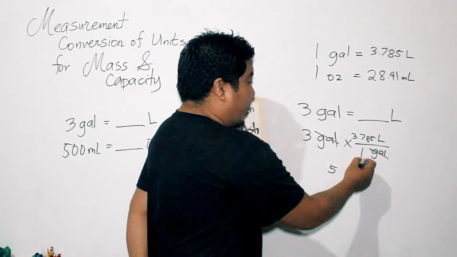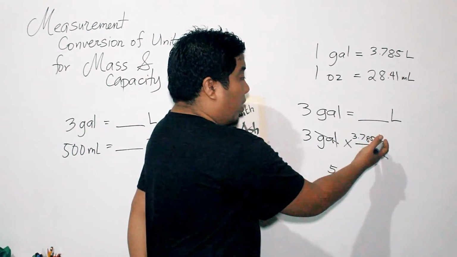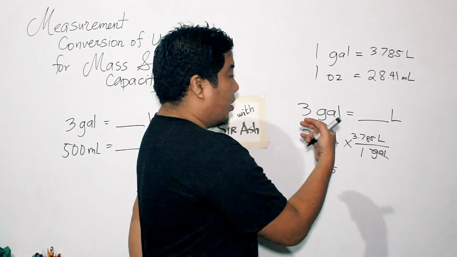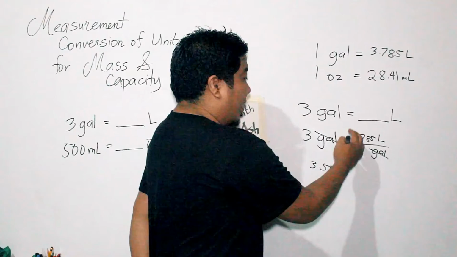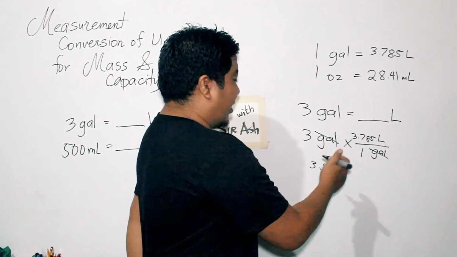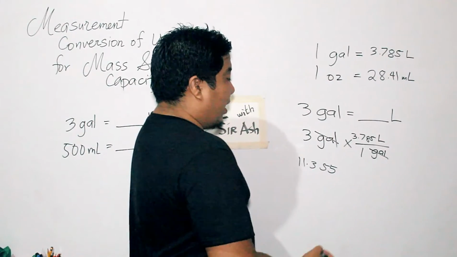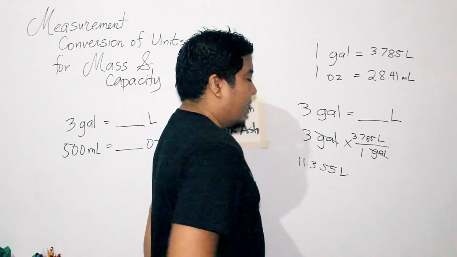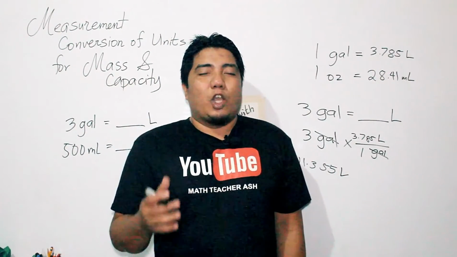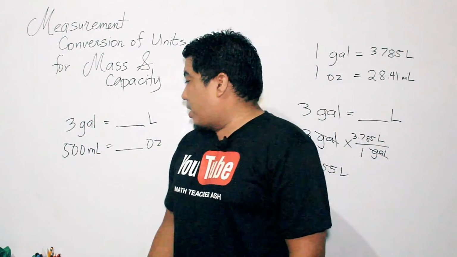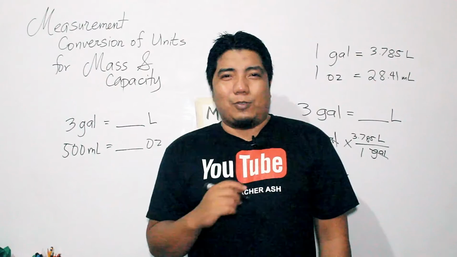That is 5, carry 1, 24, 25, carry 2, 21, 22, 23, carry 2 again, 9, 11. And that will give you 11.355 liters. Easy, right?